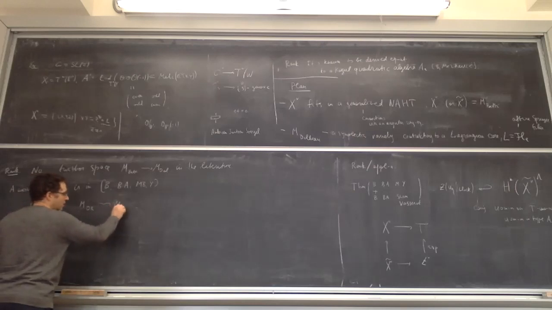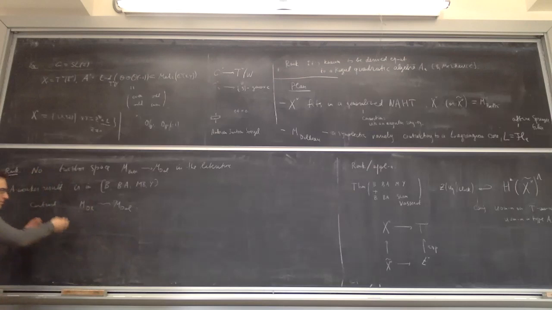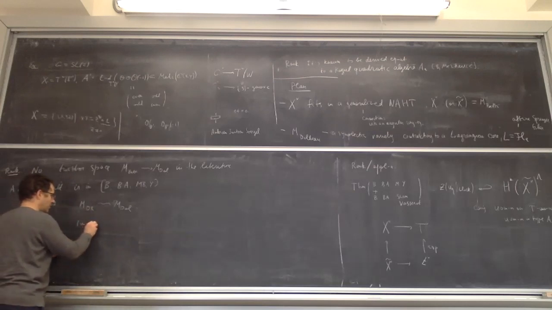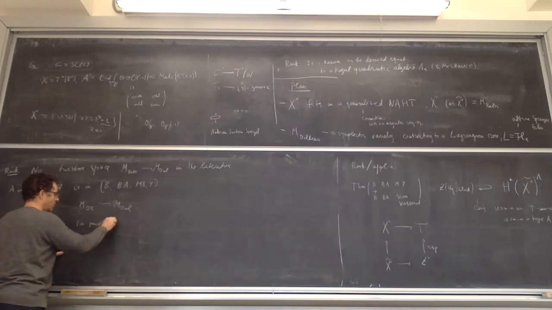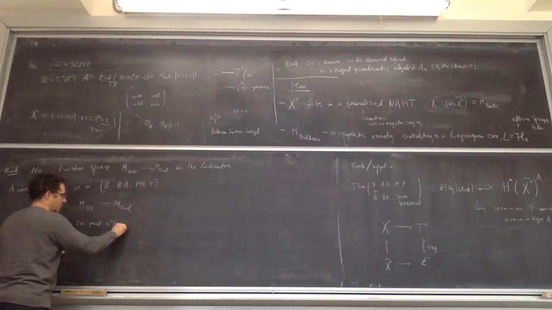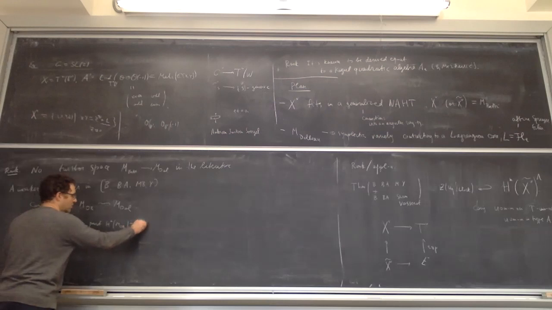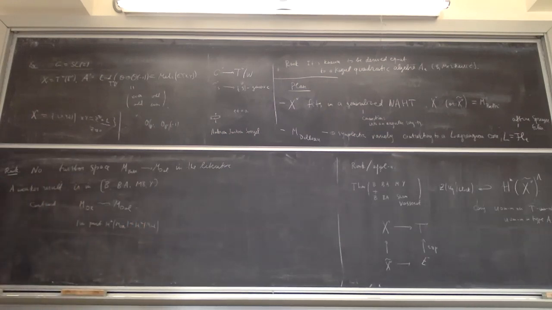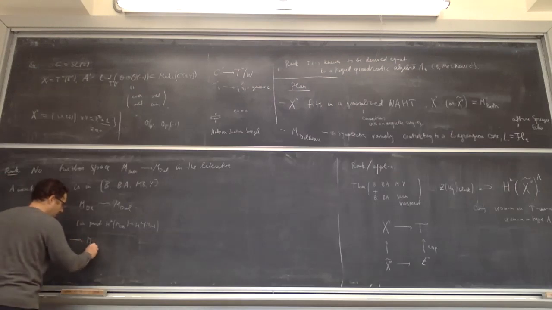In particular, we prove it's a family with reasonable properties, in particular cohomology of M de Rham. And then M de Rham maps to M Betti by Stokes theory.